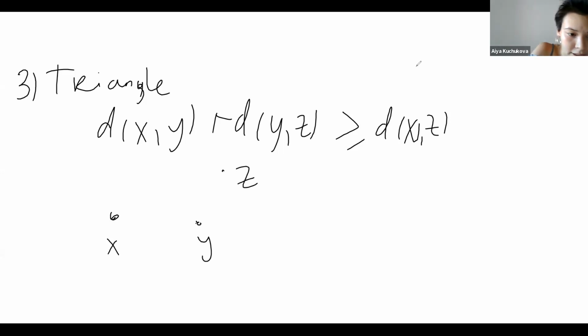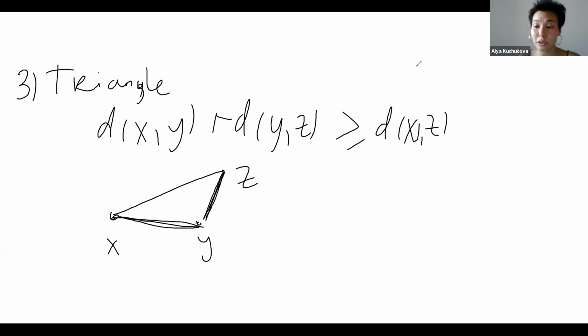Going to here and going to here in total would be longer than going directly. Of course we want that to be true, because in a universe where this doesn't hold, it would be a very weird universe and really hard to work with, right? So of course we want that property. But except for that, metrics can be just anything. If it holds these properties, you're good, right?